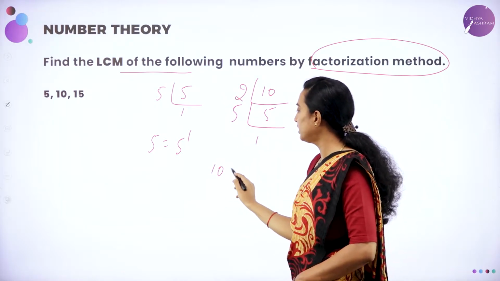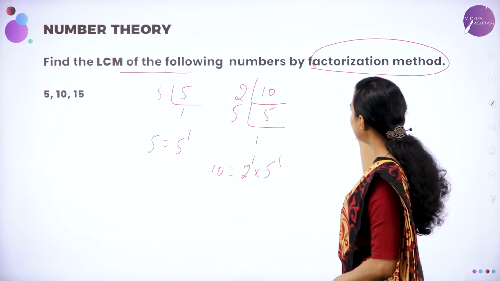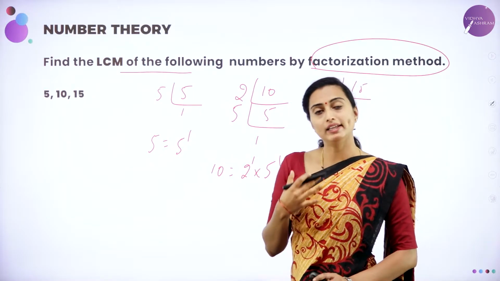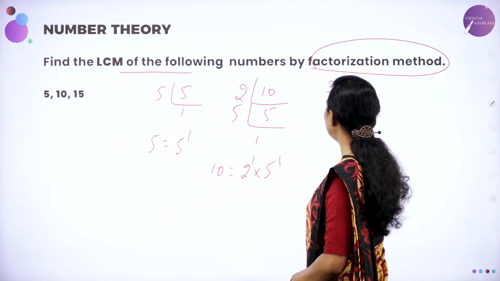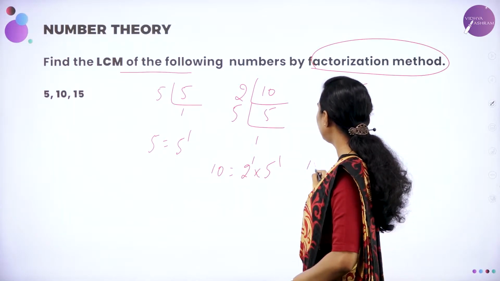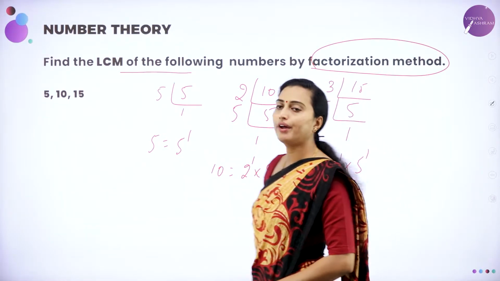So 10 can be written as 2 power 1 into 5 power 1. Next will be 15. It is divisible by 3. 3 5s are 15. Again 5 1s are 5. So 15 can be written as 3 power 1 into 5 power 1, isn't it?